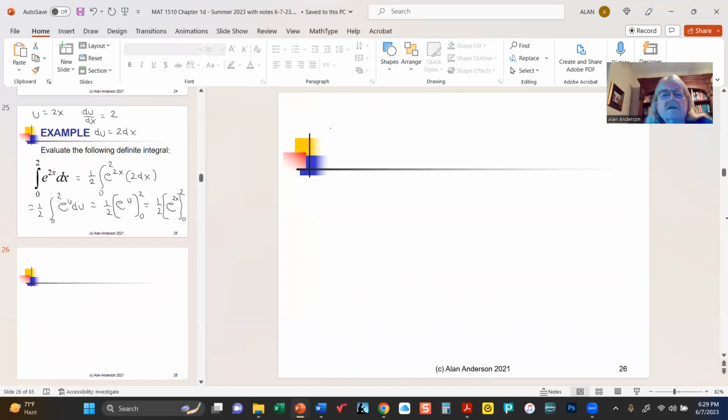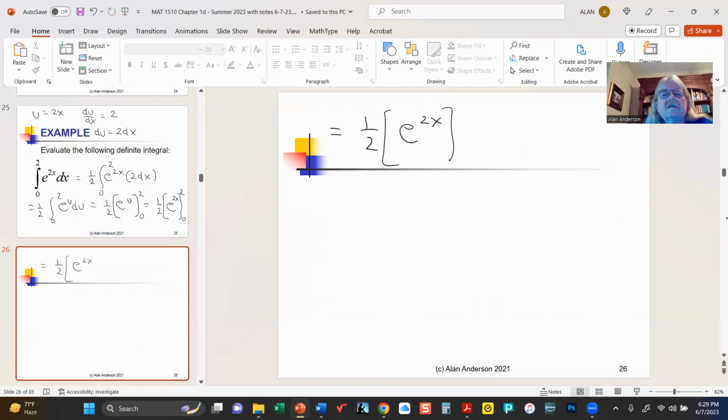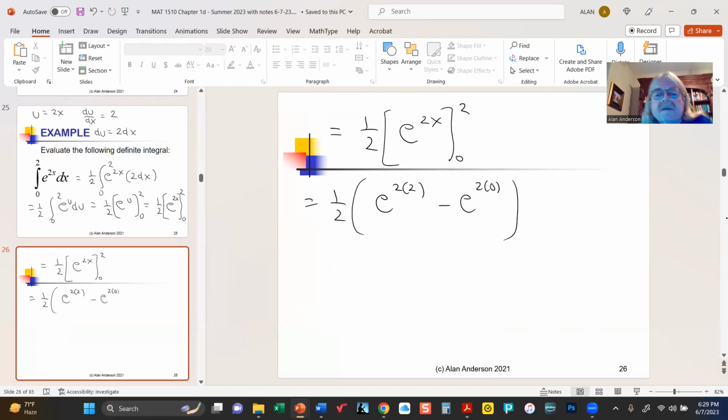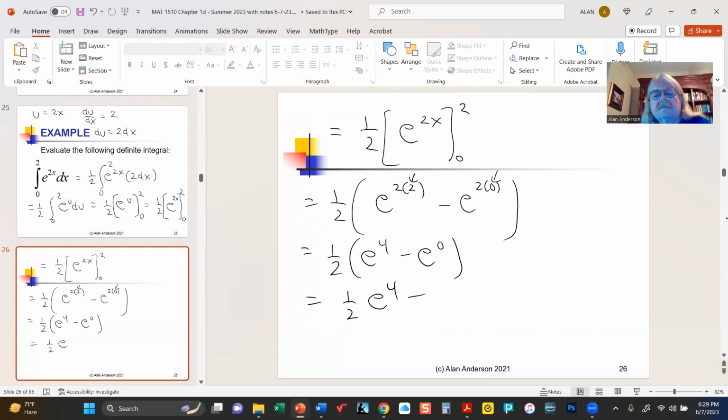All right, so we end up with 1/2 e to the 2x evaluated from 0 to 2. So I'm replacing the x with 2 here and the 0 here. I subtract one from the other. So I guess we could just leave it like that.